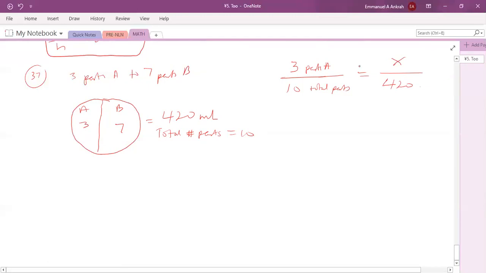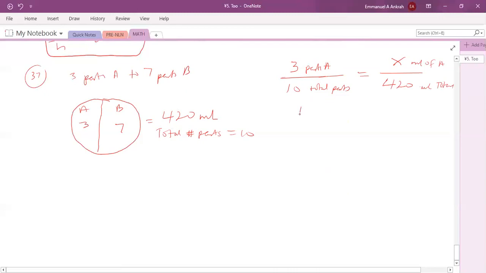Yes, so this should be your setup. 3 out of 10 should be the same as the ml of A to ml total. They should match like this, 3 out of 10, this to that. So when they give you the total volume, use the total parts. That's the catch here.